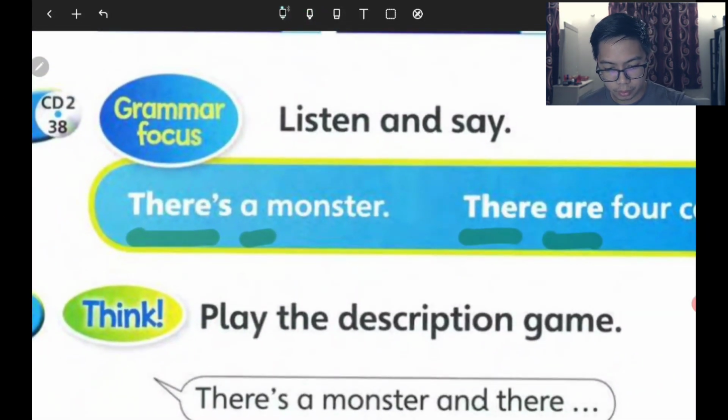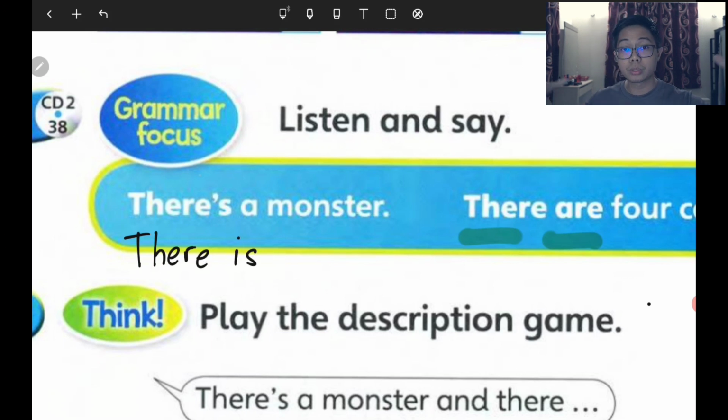And remember this one, okay? There's. That's how we say it. But actually, it consists of there is. But we use a contraction, the shortcut, in our Supermind book.